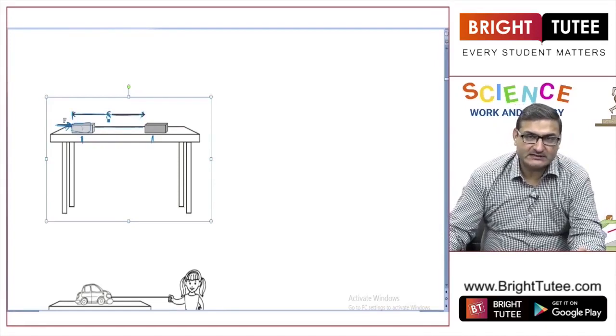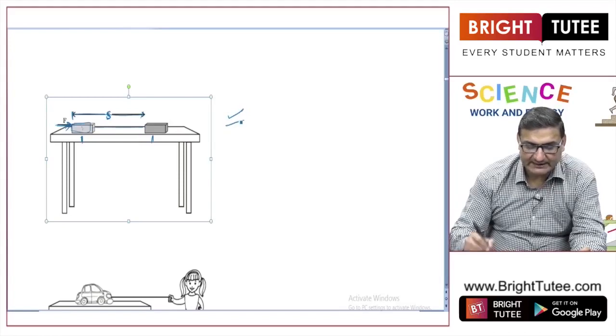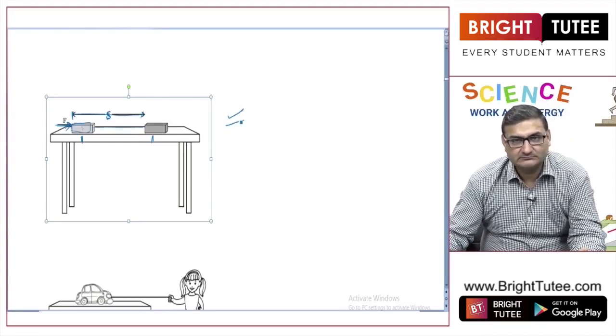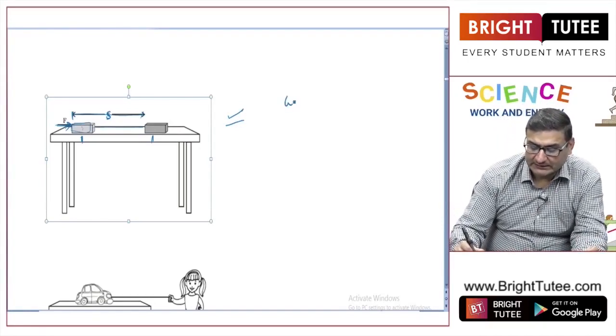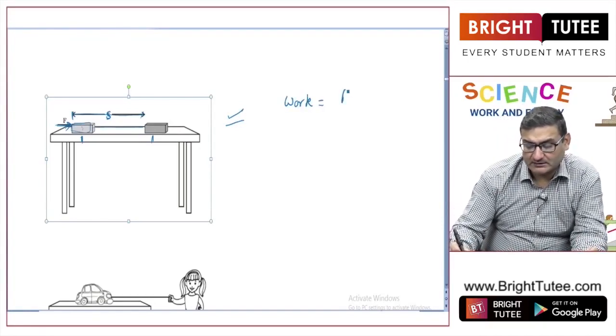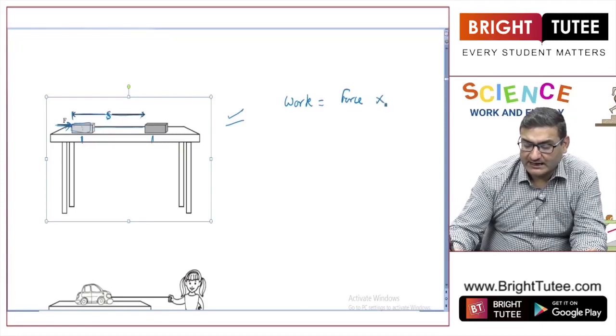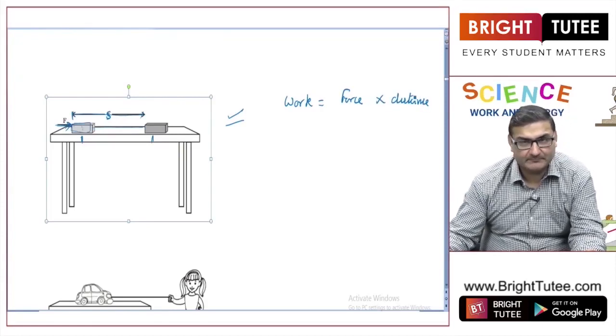So both the conditions are fulfilled. In this case, we will say that yes, we have done some work. Got it? Now, this work done is based on two things. One is force and one is displacement or the distance moved by the object.